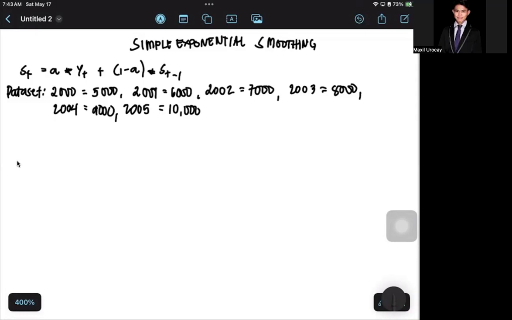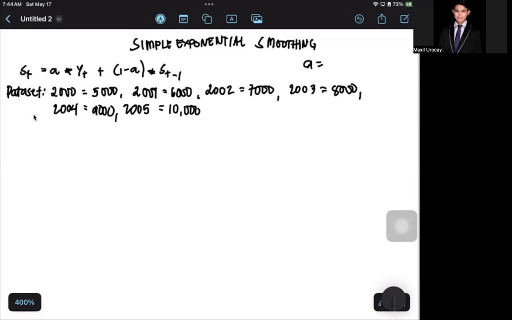And by the way, just to let you know, the alpha is being set as the alpha parameter, which we could say is already given. So I'll give you a specific parameter of alpha.